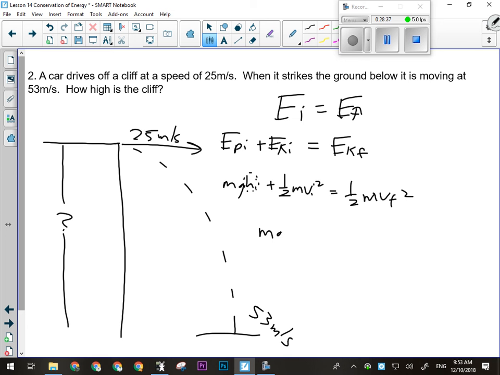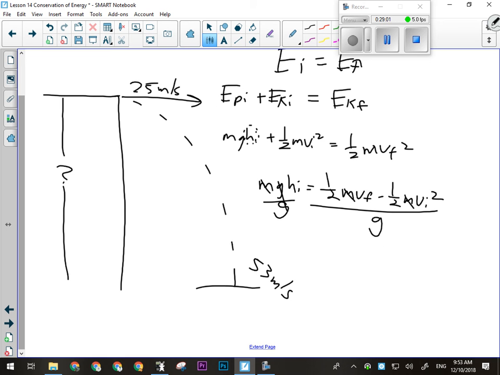I have m g h initial equals the final kinetic minus the initial kinetic. Can I cancel the m's off? Yes. If I want the initial height, I divide both sides by g. So initial height equals 1/2 times 53 squared minus 1/2 times 25 squared, divided by 9.81.